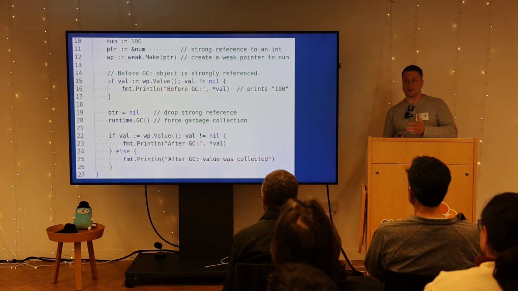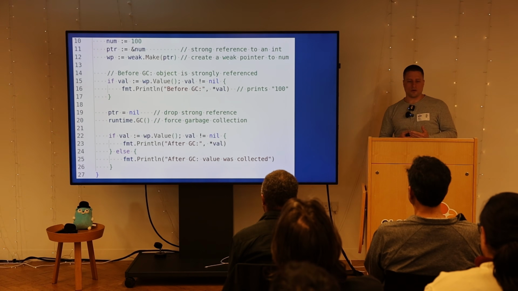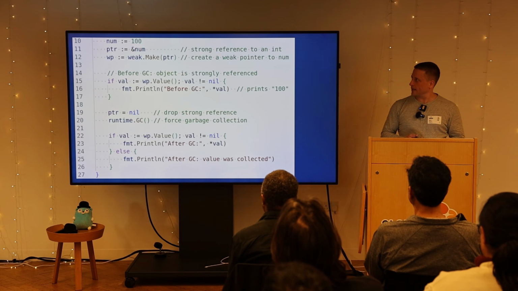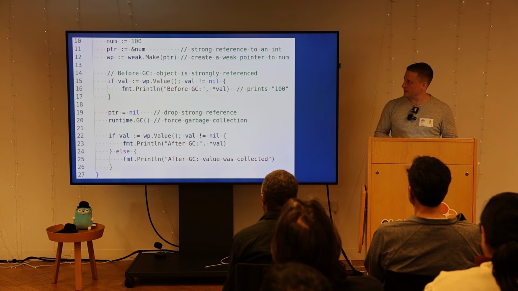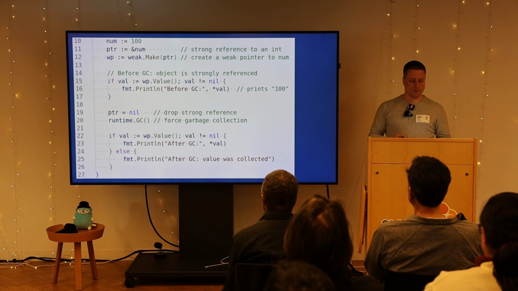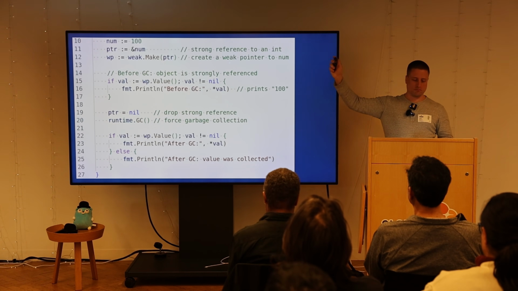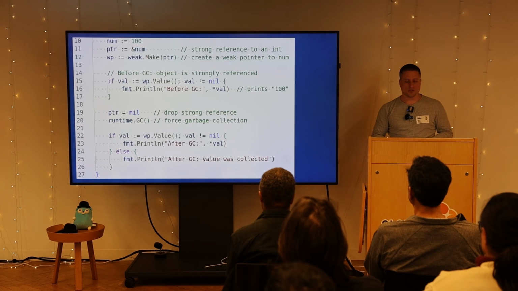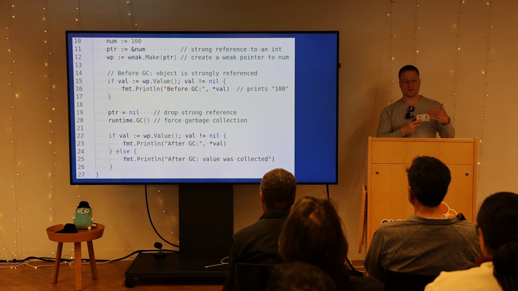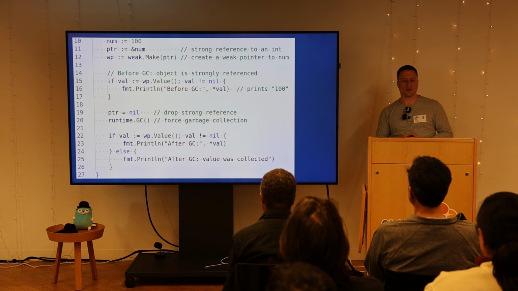Now, before the garbage collector runs, the object's still strongly referenced, basically meaning that this pointer variable declared on line 11 still exists. So there's a strong reference to it. Also, the garbage collector hasn't run yet.